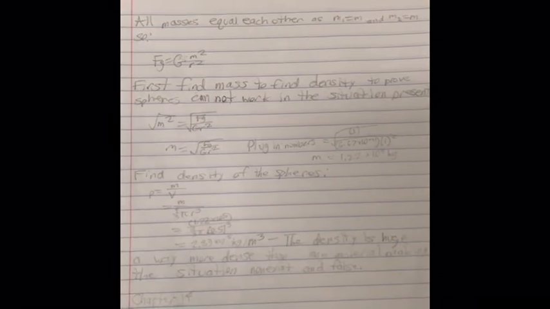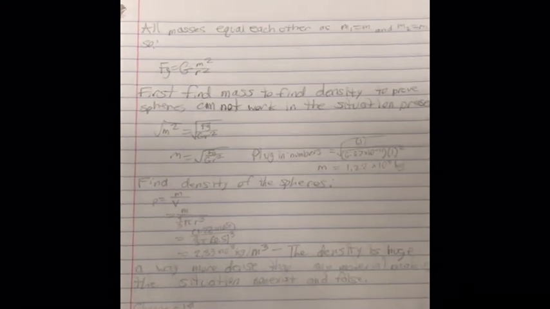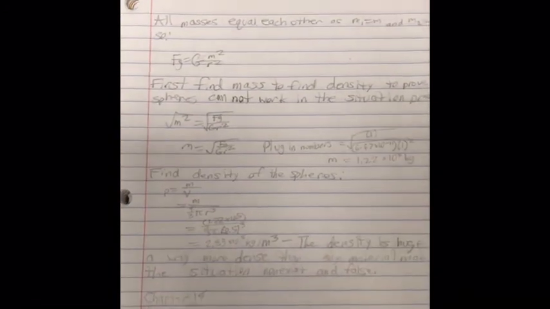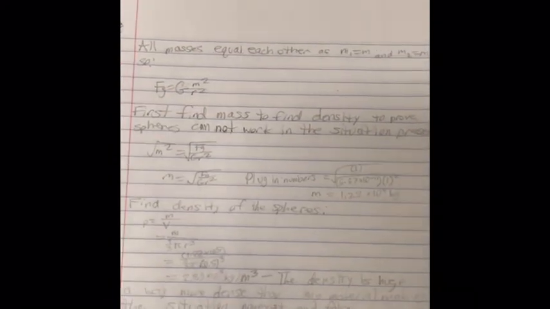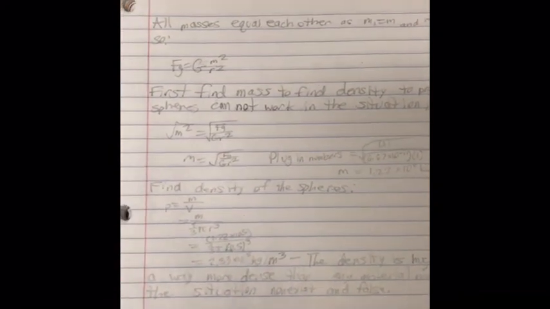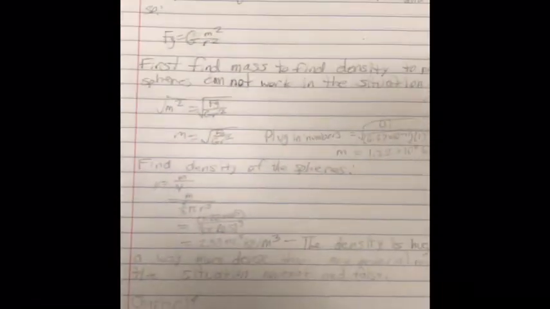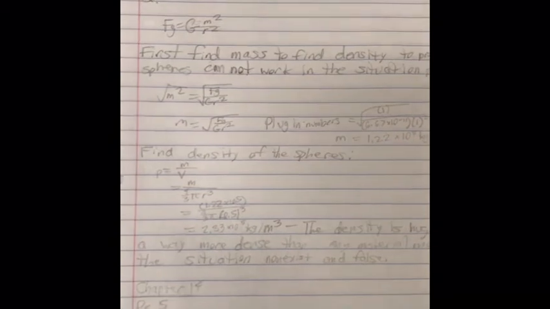Then I realized I have to find the mass for the density, because if I find the density and the density is way out of reach, then the situation will not work. So I turned the equation around to solve for the mass, plugged in the numbers I had, and got the mass.